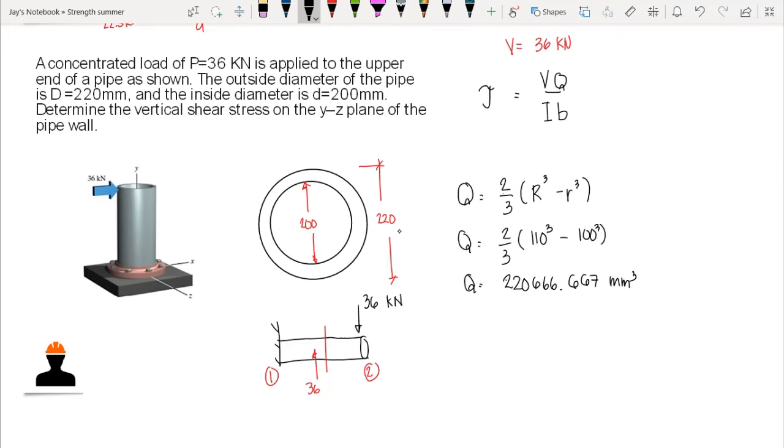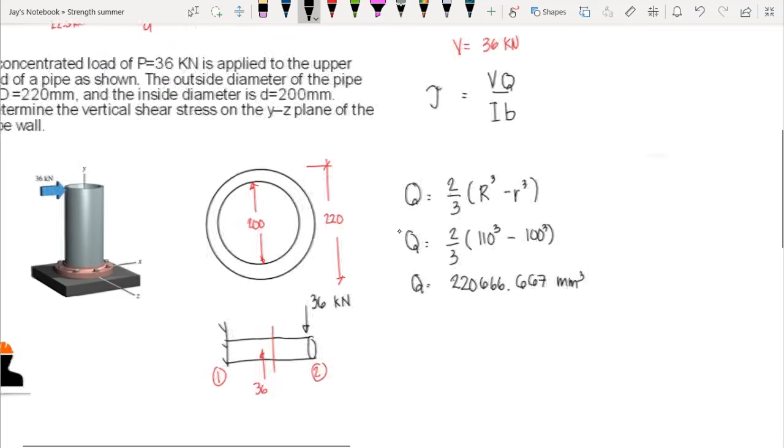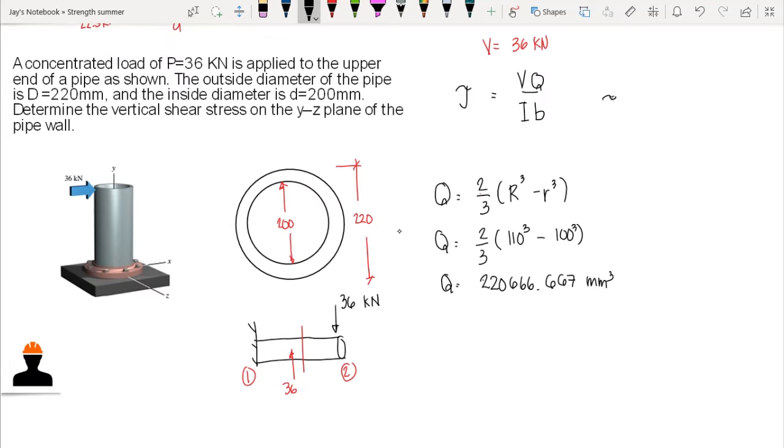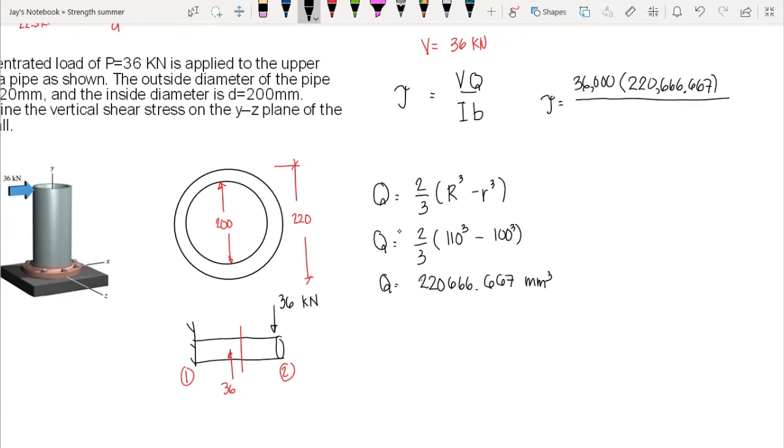Now we can use this value in our formula. Then for the shear stress, our V is 36,000 times our Q, 220,666.667, over our I. Since this is a circular beam, we have pi d to the fourth over 64, the moment of inertia of a circle.